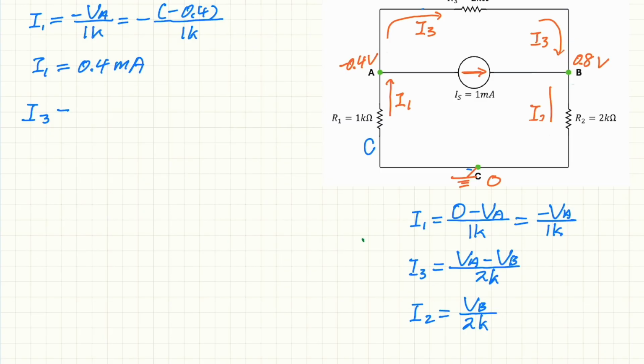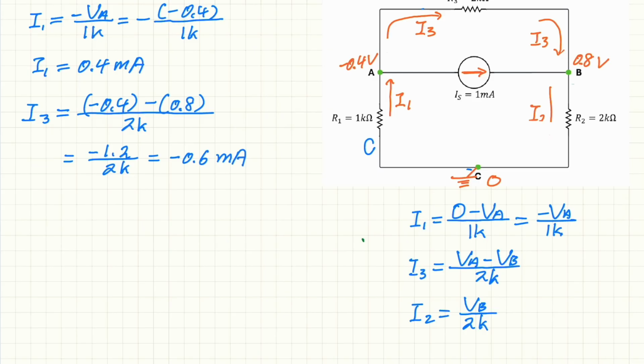I3 is equal to VA, this is minus 0.4, minus VB, this is 0.8, divided by 2K. So you can say this is minus 1.2 over 2K. It means minus 0.6 milliamp.